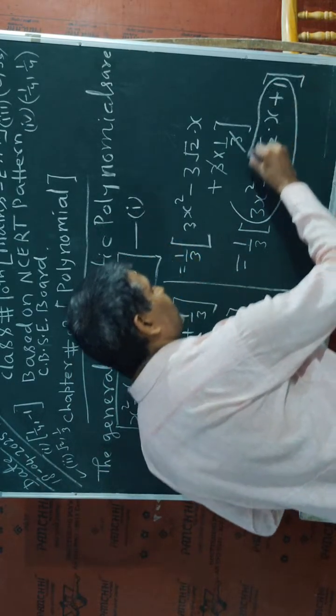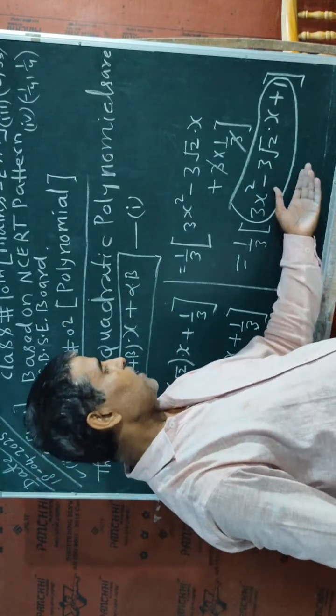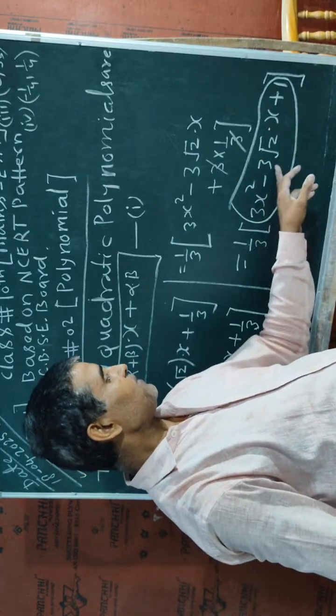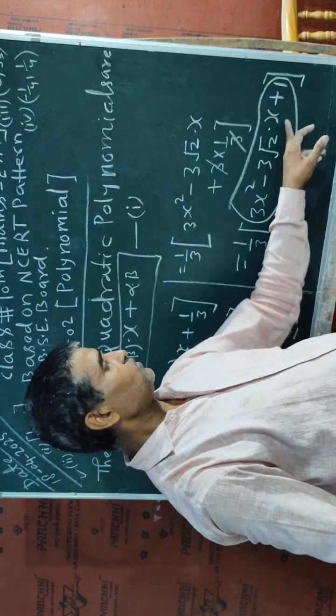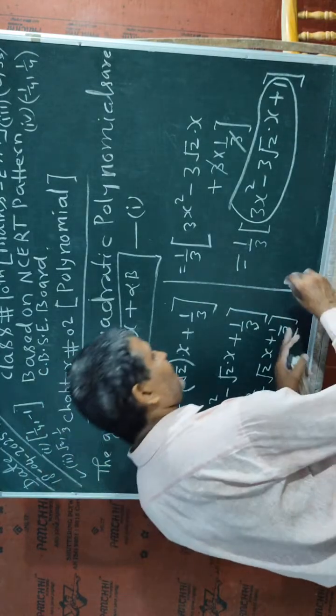Okay student, so this is a quadratic polynomial, and in the answer you have to write this 3x square minus 3 root 2 into x plus 1. So I will write my quadratic polynomial is.